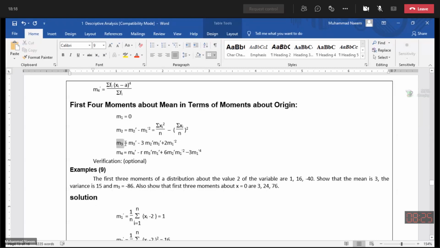And third moment about mean in terms of the moments about origin. Similarly, fourth moment about mean in terms of the moments about origin. We can also verify these relations, but if you remember, that's good.